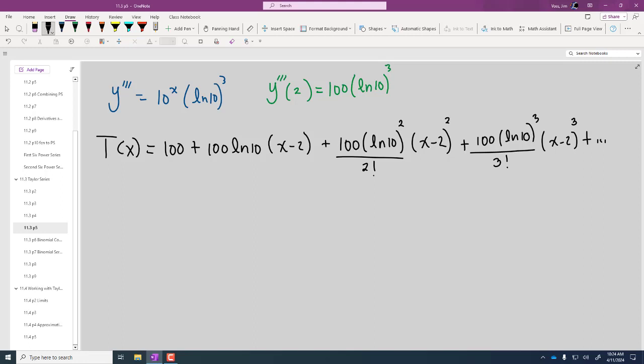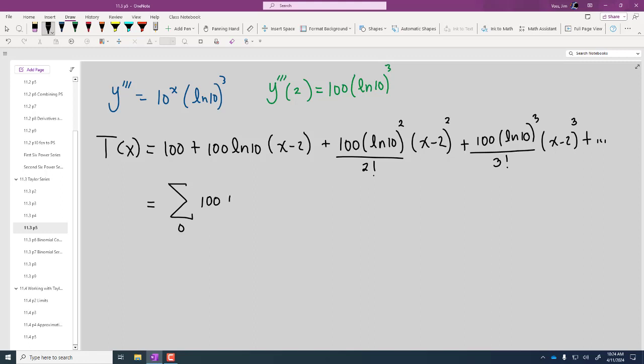How about writing this one in summation notation? This one looks a little less ominous. Let's see, could we write this one in summation notation? Well, they all have 100 in them. You could factor it out if you wanted, but let's just leave it in.